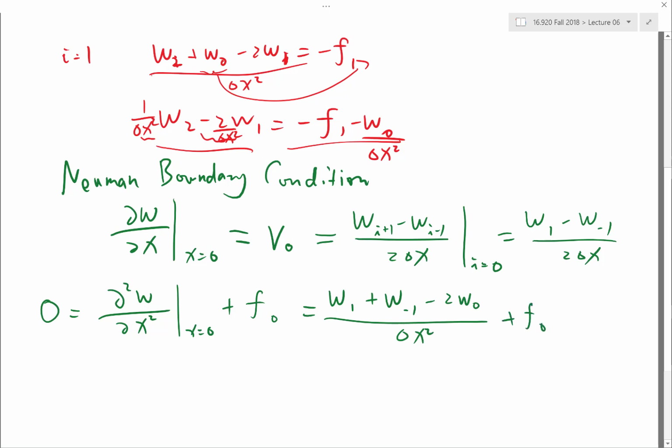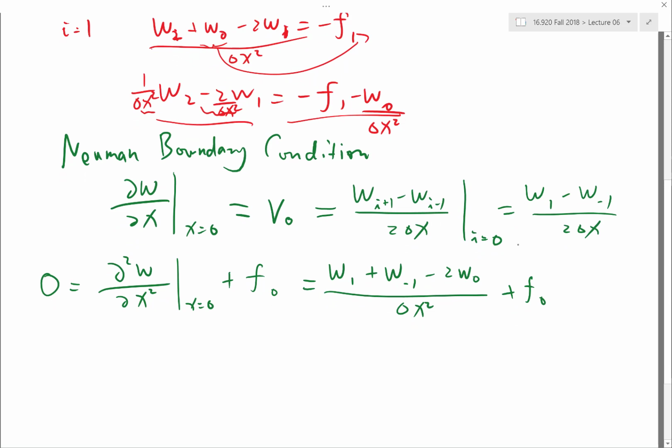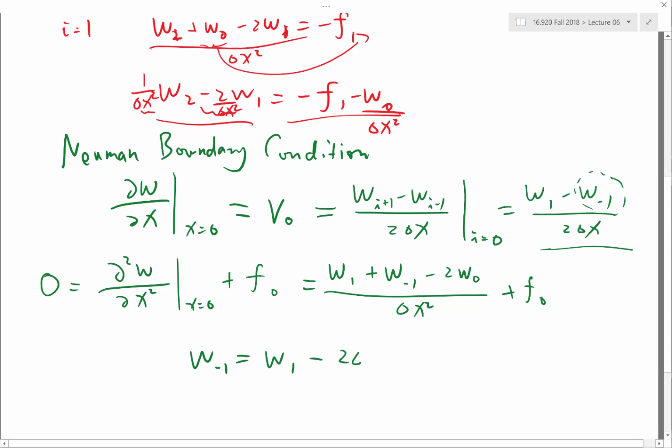Right, so this is again equal to 0. Now combine these two equations, we can successfully cancel this W-1. How do we do that? We can substitute one of the equations into the other. So the first equation gives W-1 is equal to W1 minus 2 delta x times V0, right? That's just from V0 equal to that.